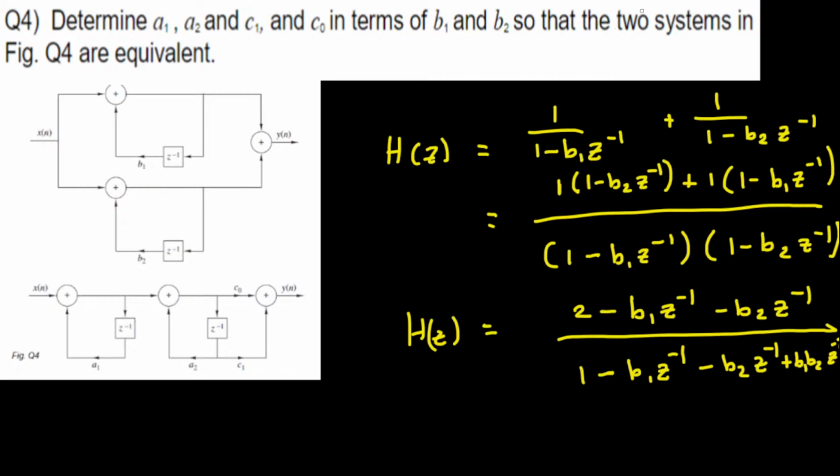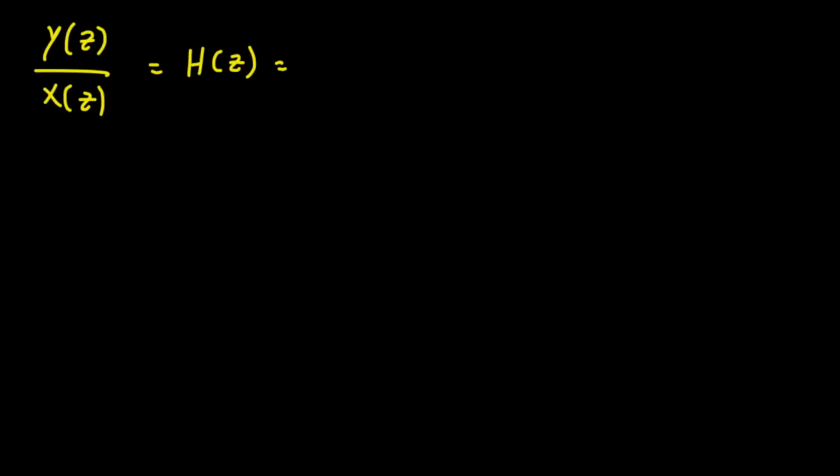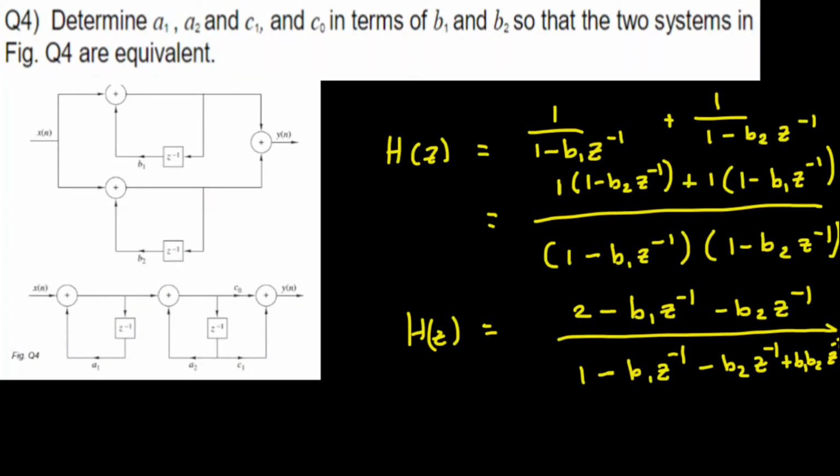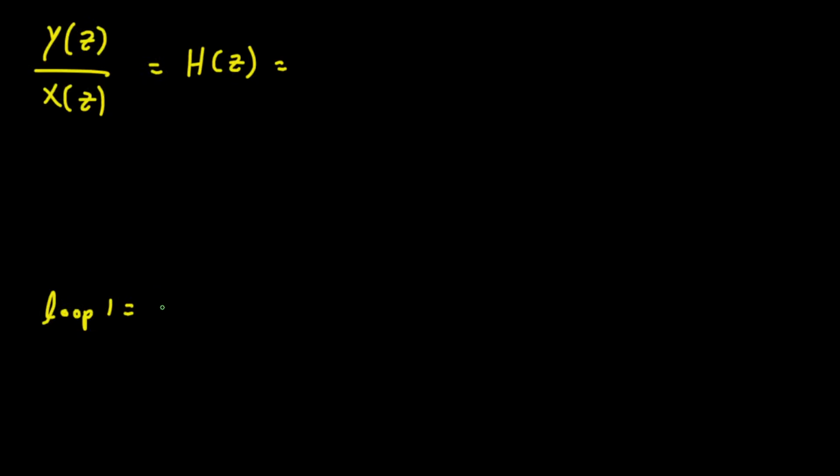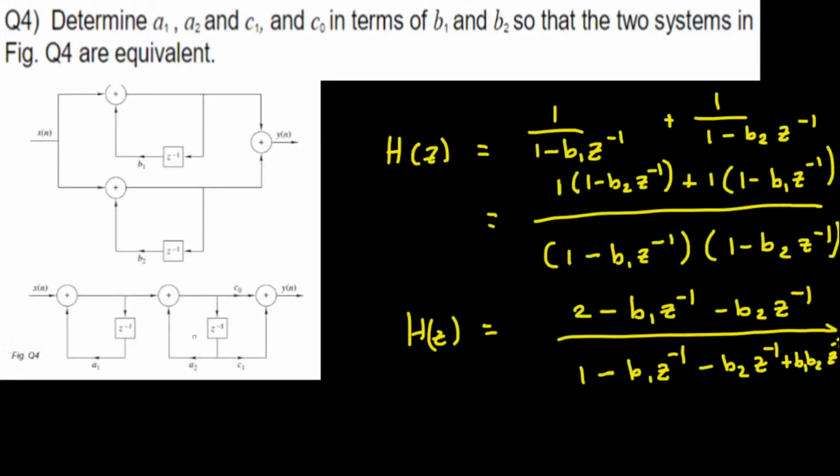Here we have, let's look at the loops here. We have a loop one. Before I even write the formula, I can note that one down. Loop one, we have a1 z power minus 1, and loop 2, I'm just looking at the x, a2 z power minus 1.